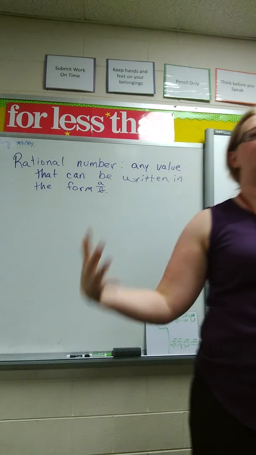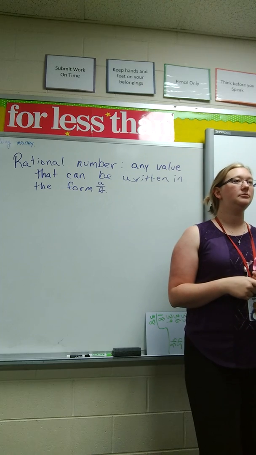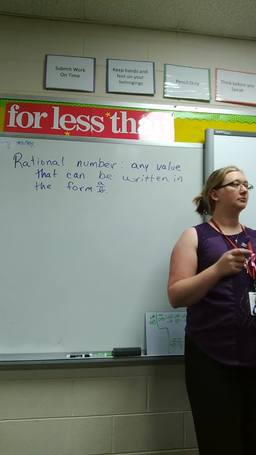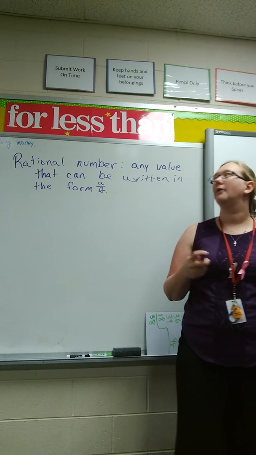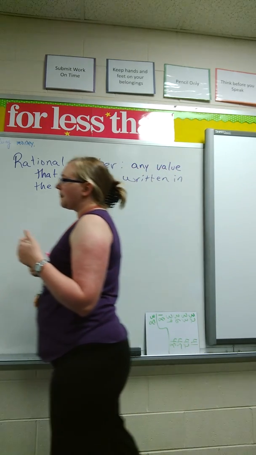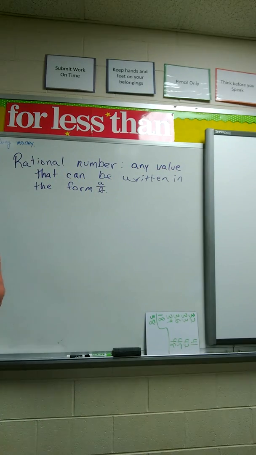What's the least restrictive? Rational numbers? A rational number. So then, is a natural number rational? Yeah. Can a natural number be written in the form of A over B? Yeah.